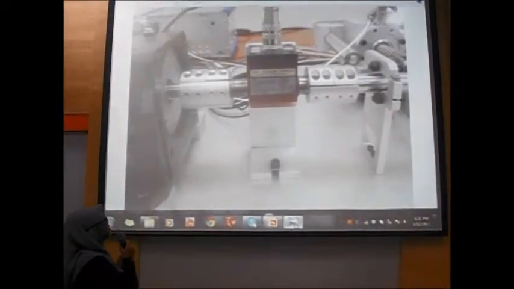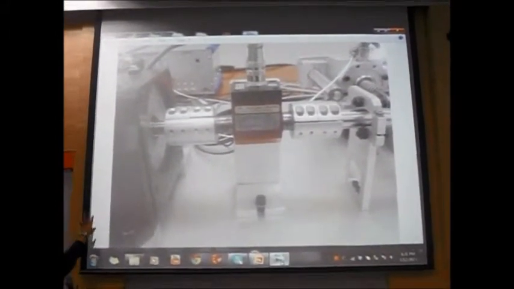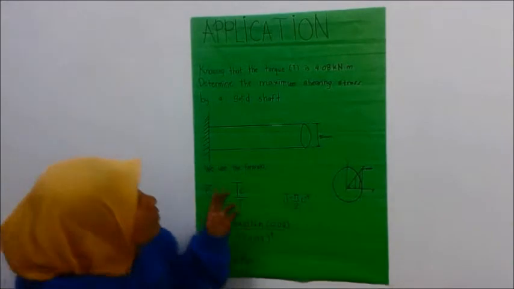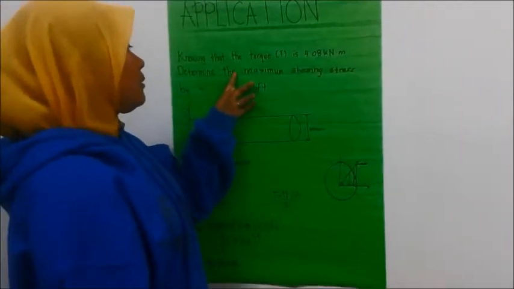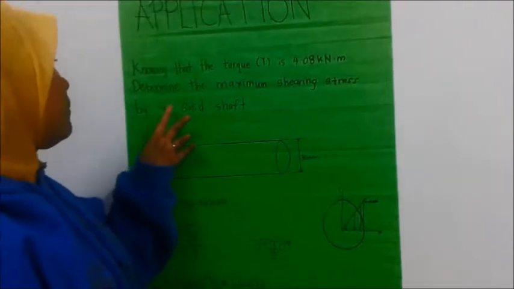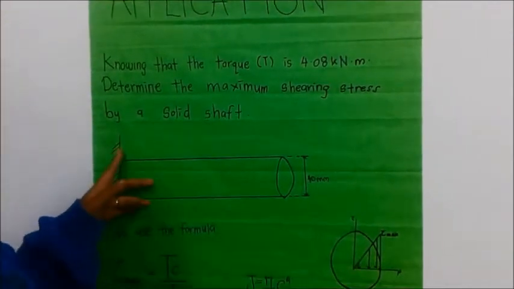For the application, we take out from this figure: this is a turbine, and that side is a generator. So we take out the shaft like this, and we draw the free body diagram. Knowing that the torque T is 4.08 kilonewton meter, determine the maximum shearing stress for a solid shaft.